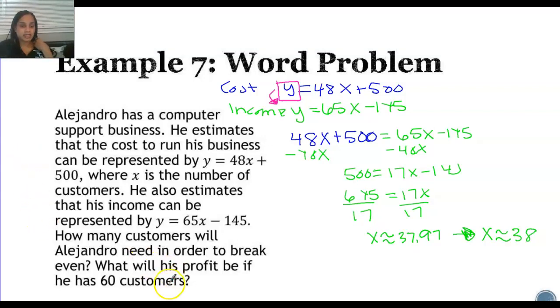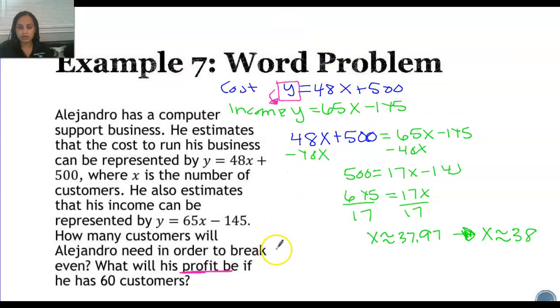Part B says, what will his profit be if he has 60 customers? Well, first you have to know what profit means. That means how much will he actually make, which would be what he makes, his income minus the cost. So we have to plug in 60 in both equations to start.